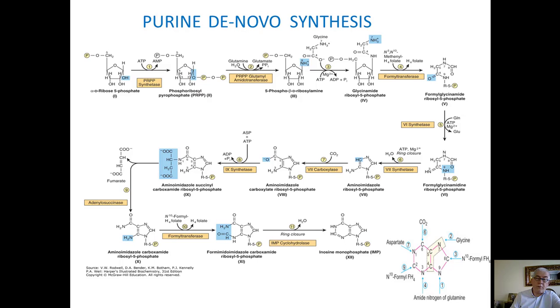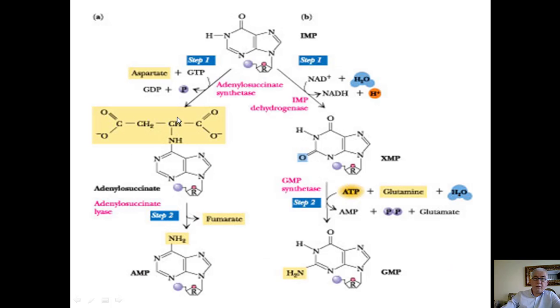Formyl tetrahydrofolate, another active form of folic acid, gives the second carbon of the purine ring, and after that we close this ring system and obtain inosine monophosphate. Inosine monophosphate has a unique role in the synthesis of AMP and GMP.